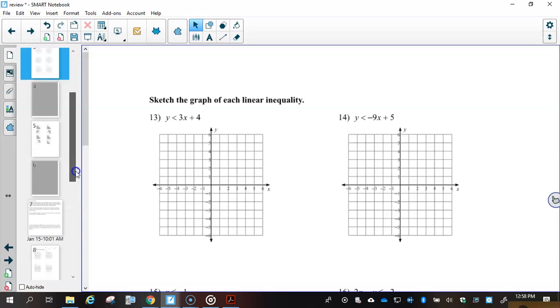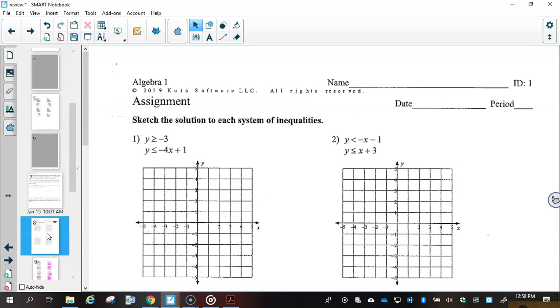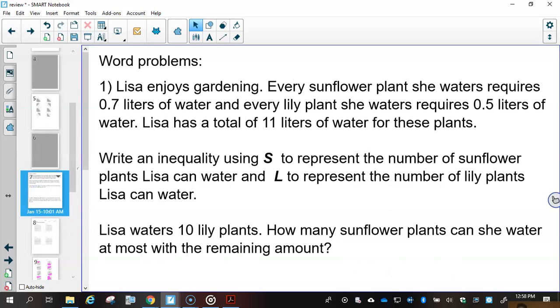But that is your last objective, solving systems of linear inequalities. So you will have time to work through that here in a bit. Find this page. It's on the back of the packet.